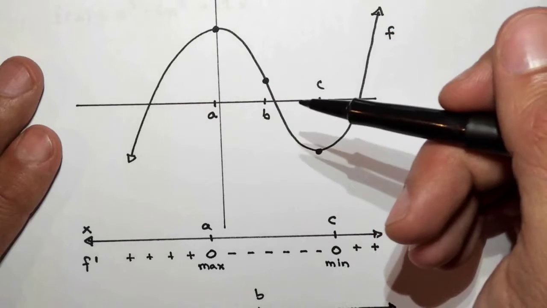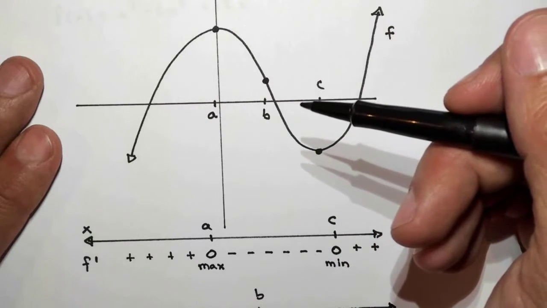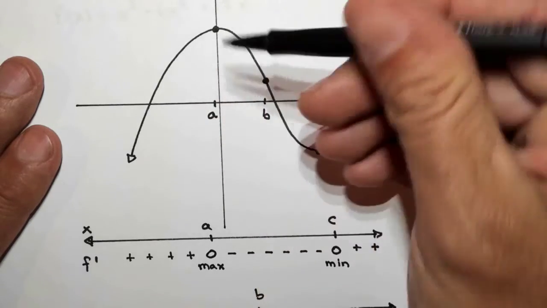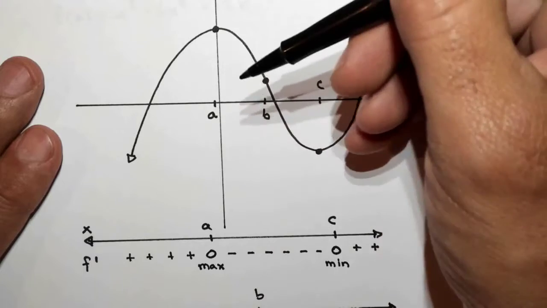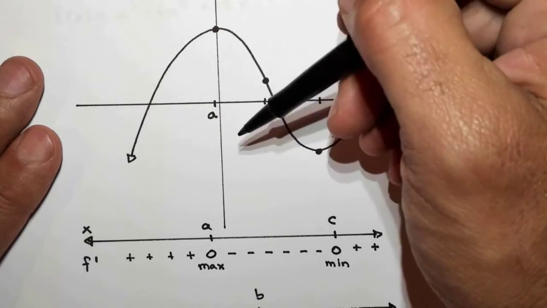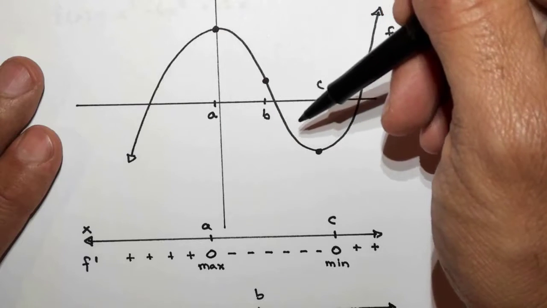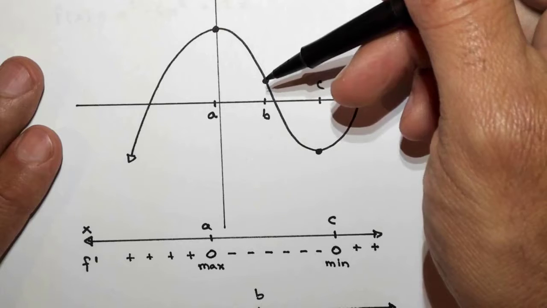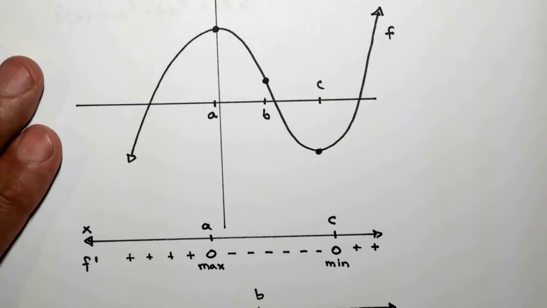Sometimes we refer to concavity as holding water or losing water, and it is concave in a downward direction. So if you were to put water in this area, it would actually fall out. So it's concave down. Whereas here, if you put water in here, it would actually collect water. It's concave up. And B is a point where we have a change in concavity.